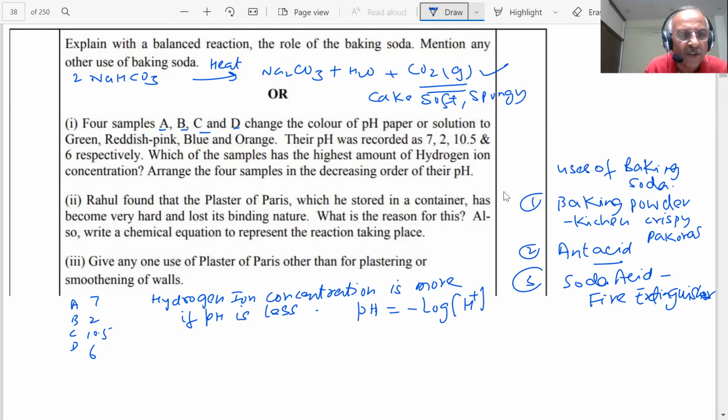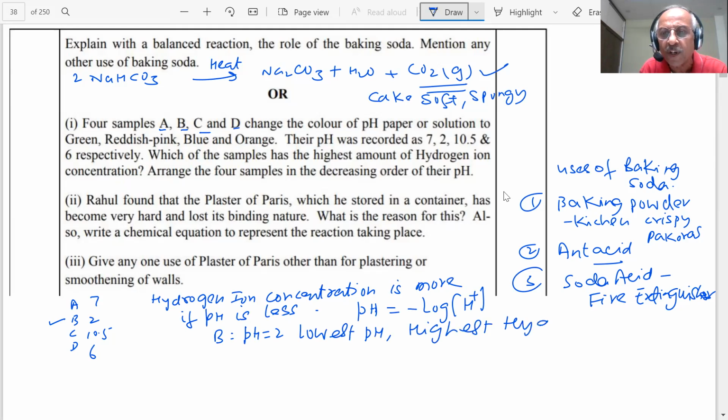Which has the lowest pH? B. B has the pH equal to 2, the lowest pH. If B has the lowest pH, then it has the highest hydrogen ion concentration. Answer is B, because the pH is the lowest.